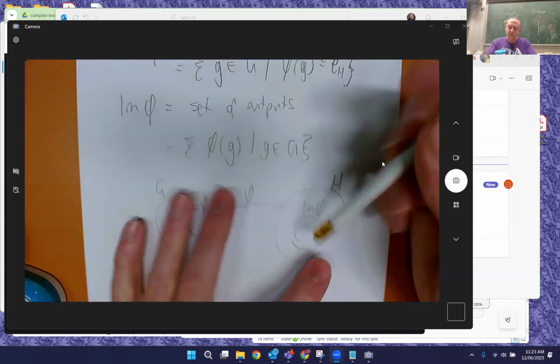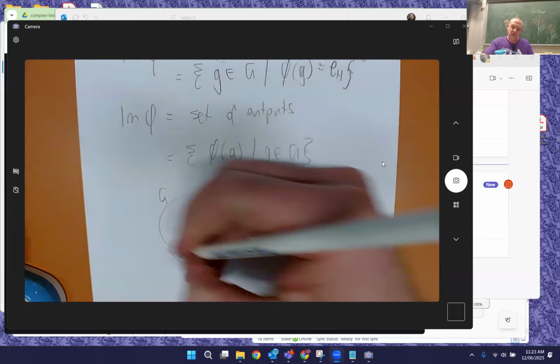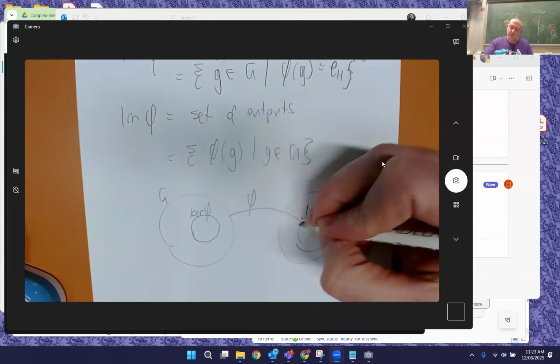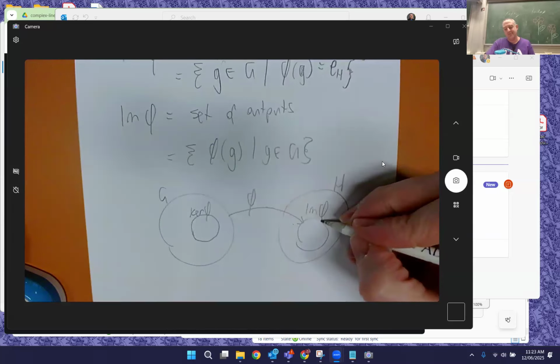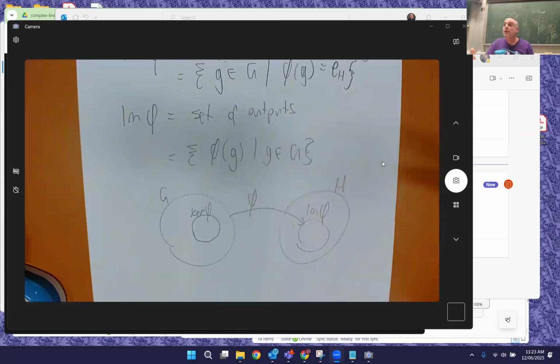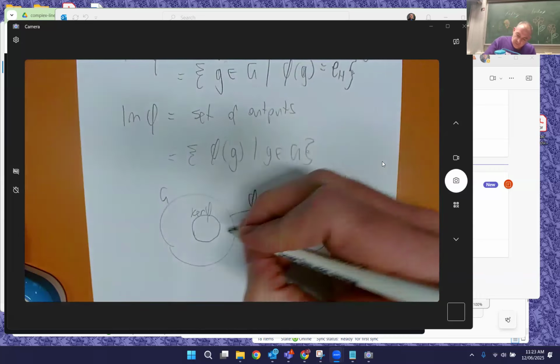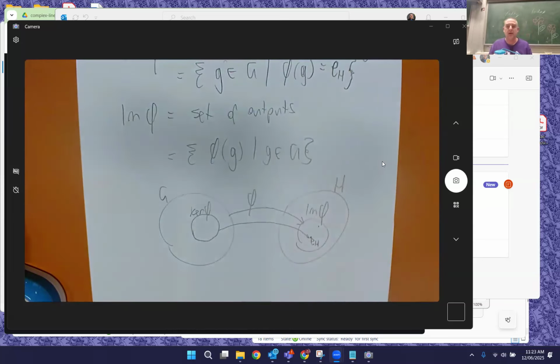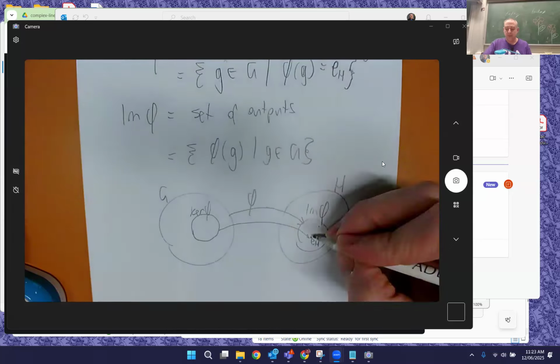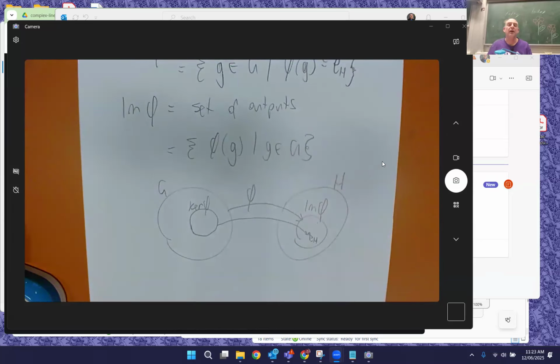And what in fact happens is that everything in G ends up somewhere in the image. And so there may be a part of H where nothing arrives. And all the things that are in the kernel end up at the identity. Like that. So that's the picture in my head of how these things work. But I will have to adjust that picture in order to draw the isomorphism theorem.